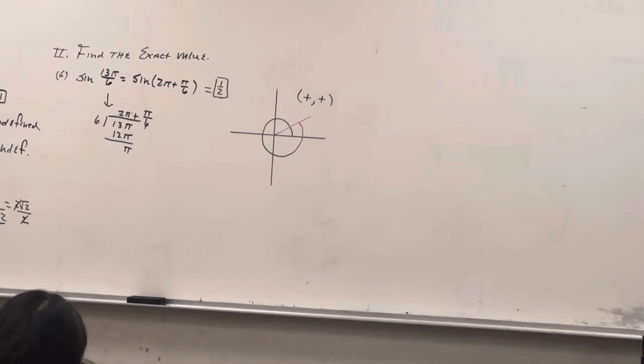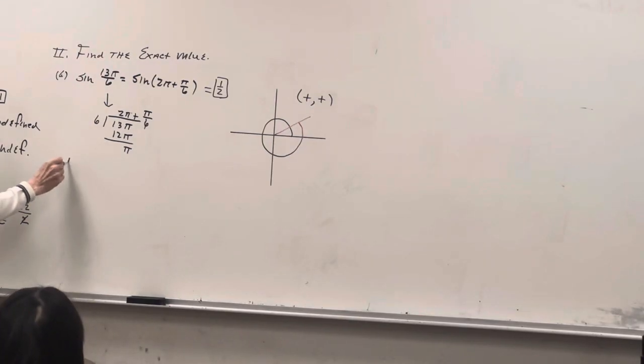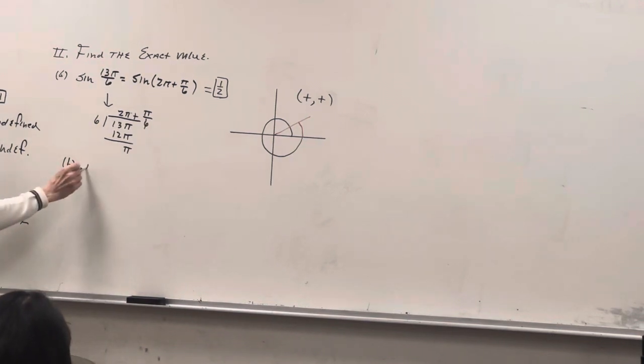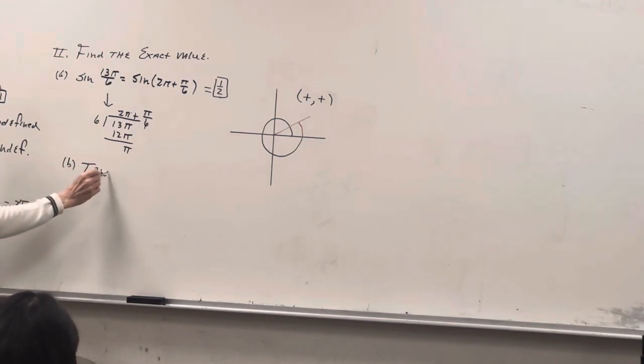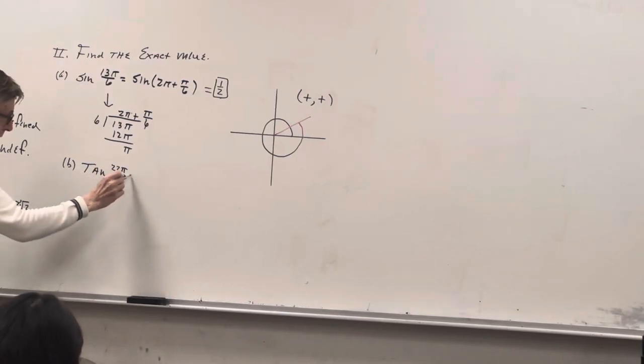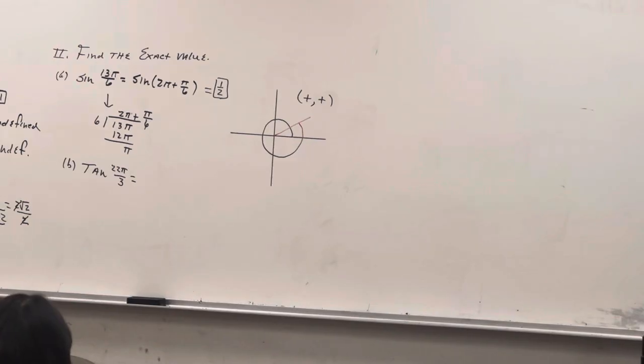Let's try another one here. Joseph, you're helping me out this morning. Let's try this one. What's that? Next one looks like this. Why not? Tangent 22 pi over 3. Tangent 22 pi over 3.